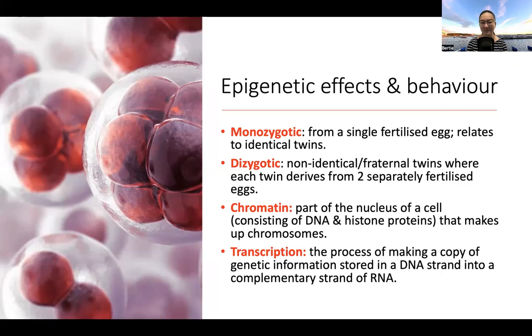Chromatin, part of the nucleus of a cell, consisting of DNA and histone proteins that make up chromosomes. Transcription, the process of making a copy of genetic information stored in a DNA strand into a complementary strand of RNA.